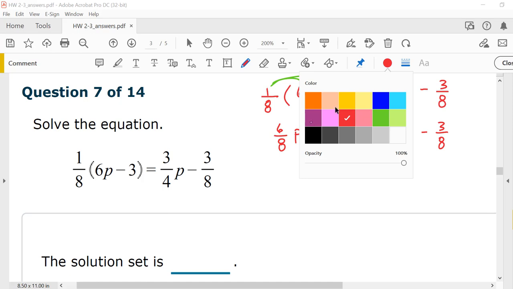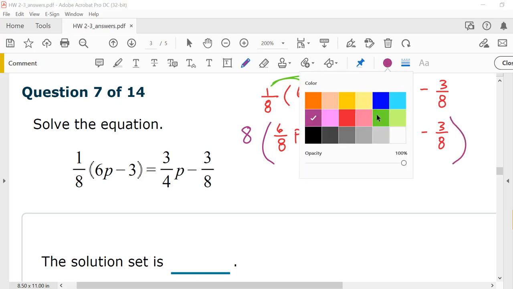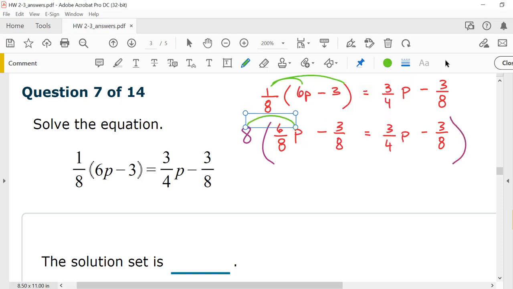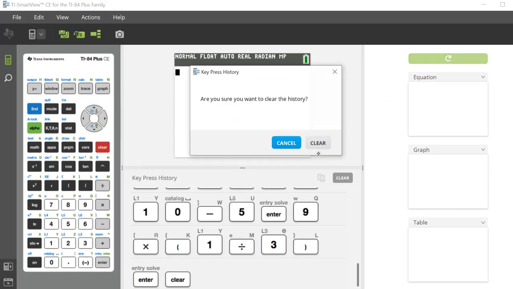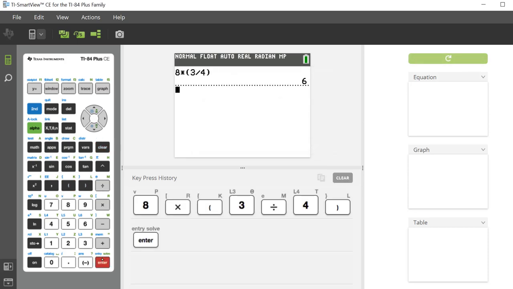Okay, like I said, the least common denominator is going to be 8. So I'm going to multiply every term by 8. When I do that, 8 times 6/8 gives me just 6p. 8 times negative 3/8 gives me negative 3. 8 times 3/4 gives me 6.